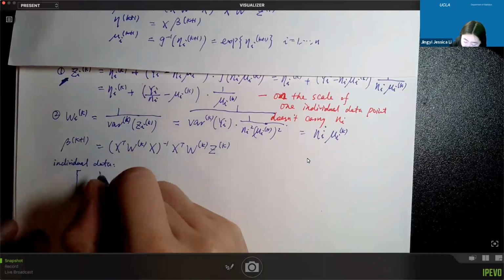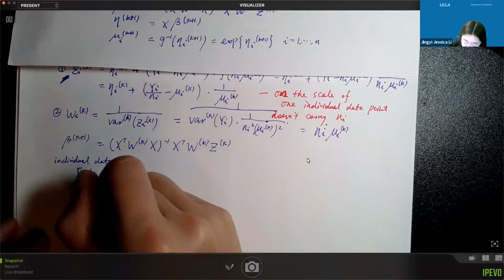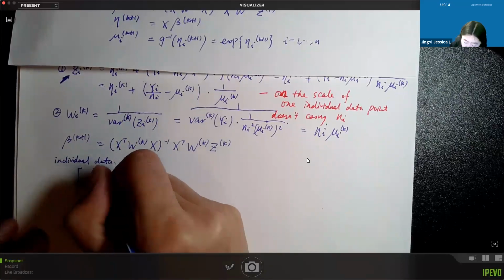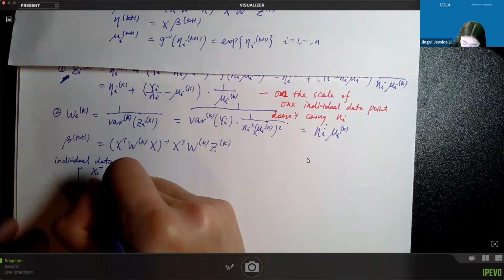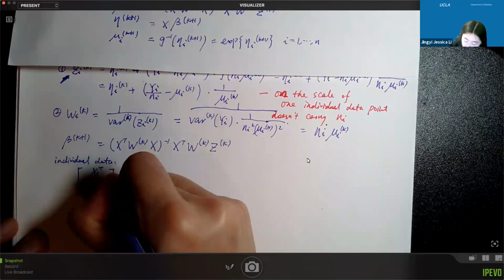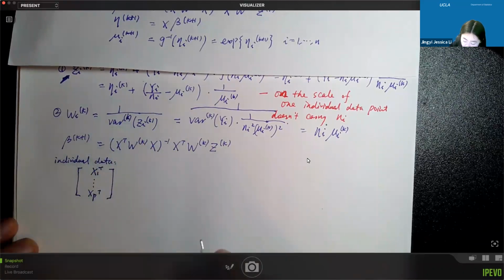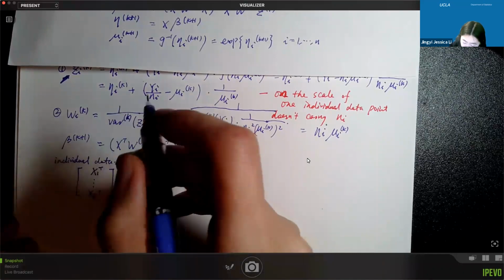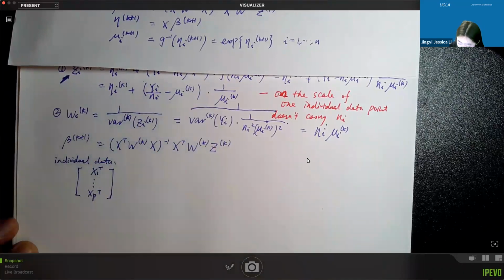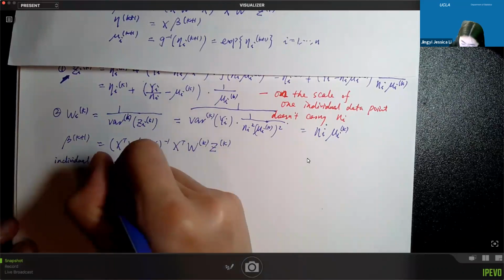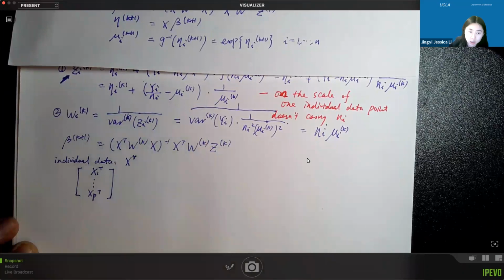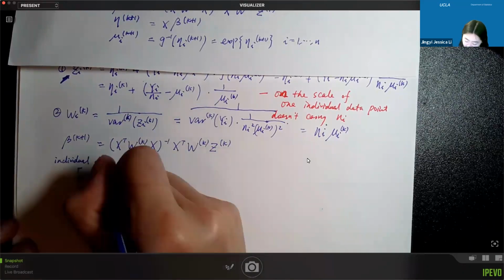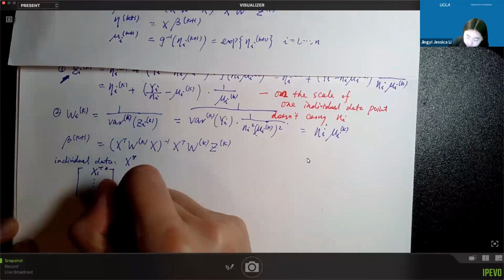We would have XI transpose to XP transpose, and I should say these are the individual data. So probably I just mark them in another way. Let me just say individual data have X star. So I will carry X star with everyone here.